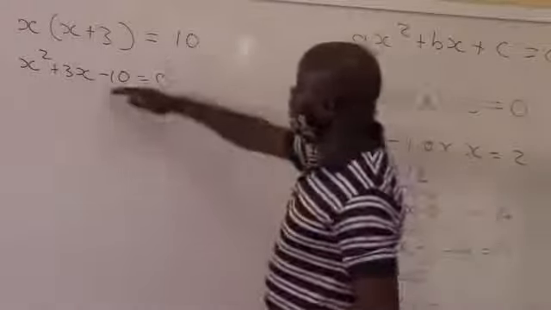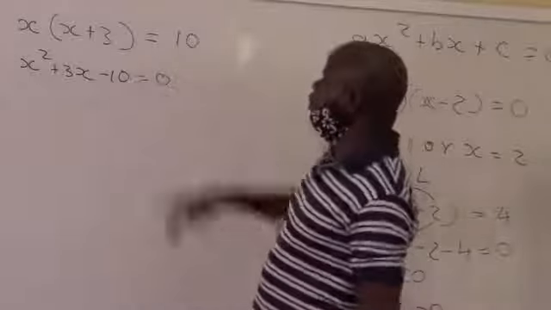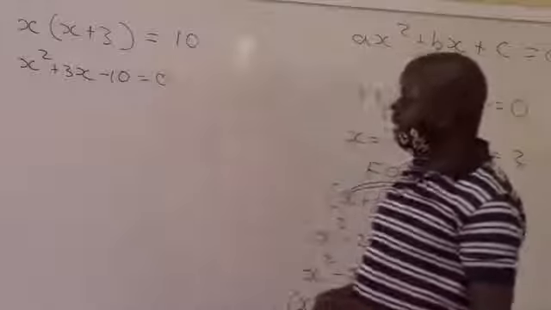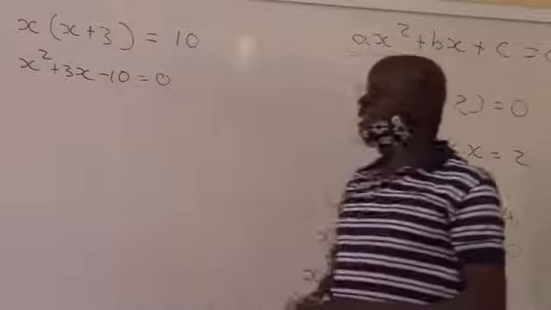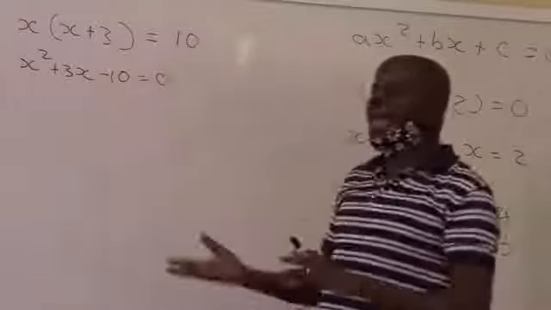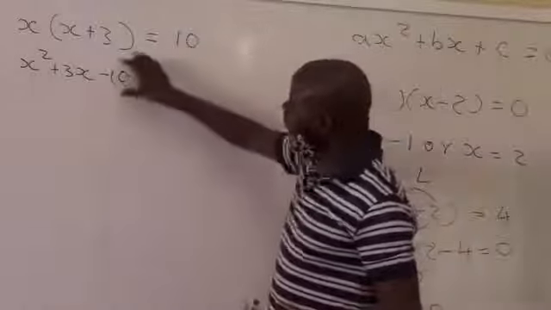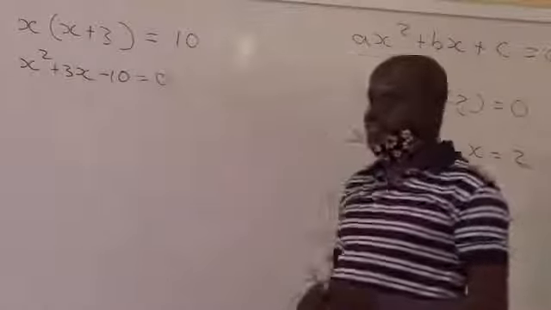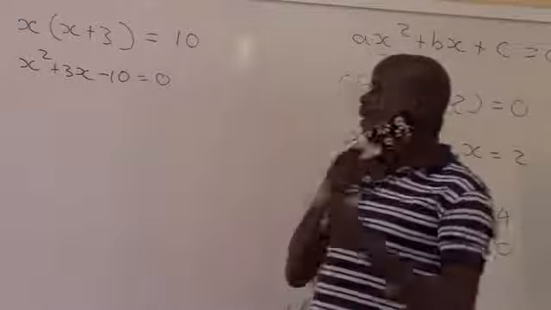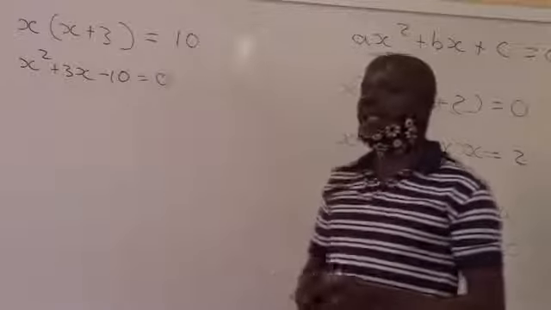When it's in standard form, we look at the sign of our constant, the last term. That sign is negative, so it means our factors are going to be negative and positive, so that when we multiply, it gives us negative 10. The pairs of factors of 10 are 1 and 10, and also 2 and 5.